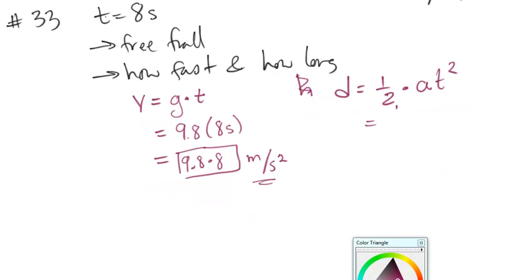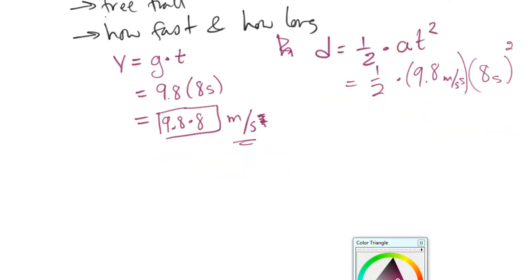So this is just going to be 1/2 times 9.8 meters per second squared. This should be meters per second. Sorry, I'm going to explain why that is. And then this is time, so that is 8 seconds squared.